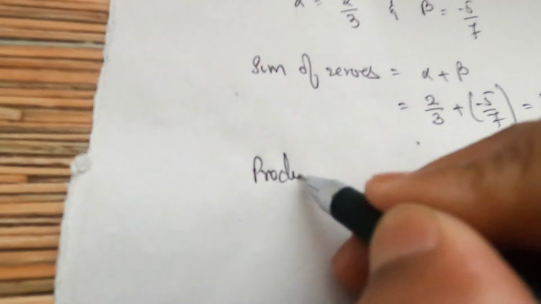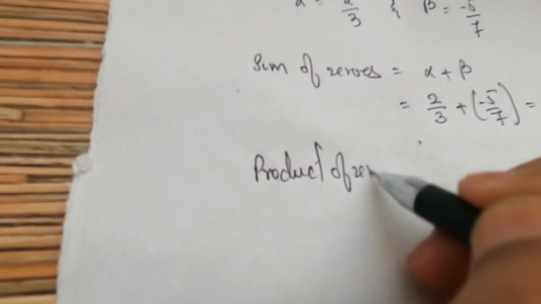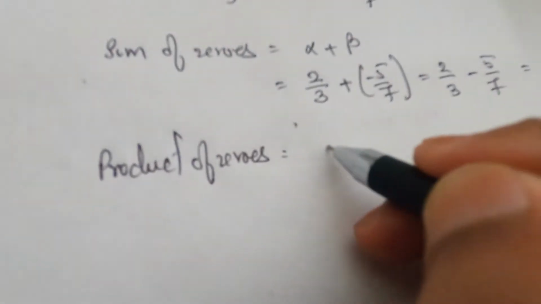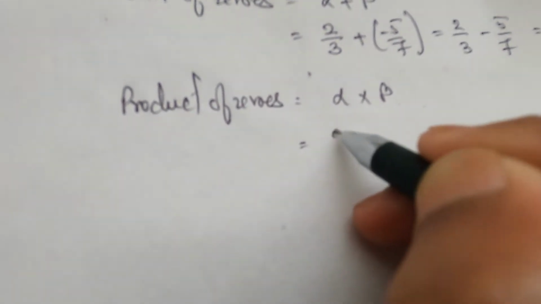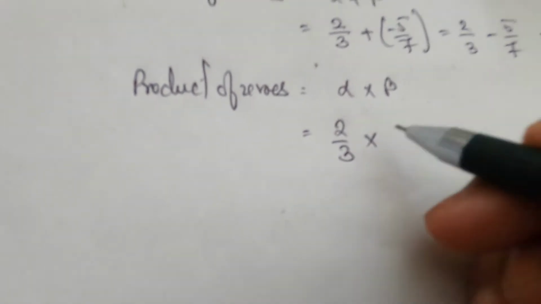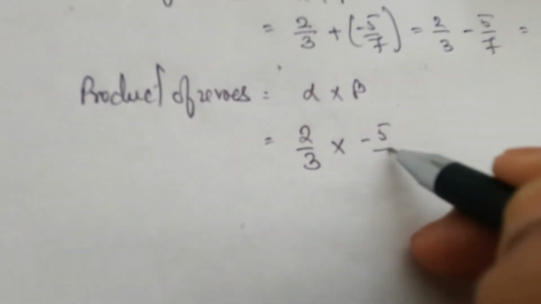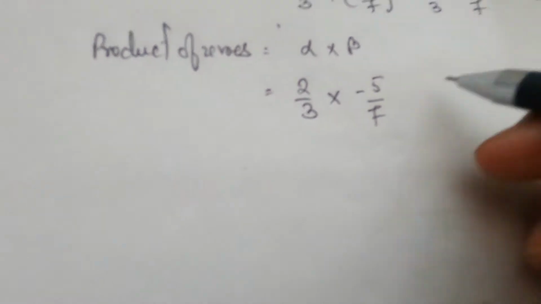Now next, product of zeros. Product of zeros simply means alpha into beta. So it will be 2 by 3 into minus 5 by 7.